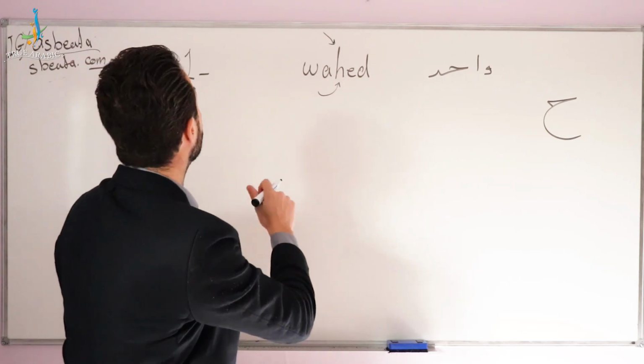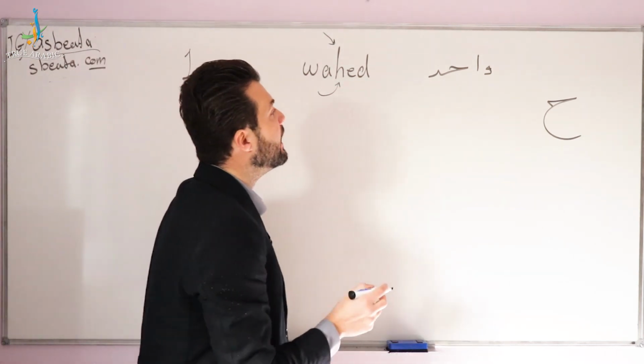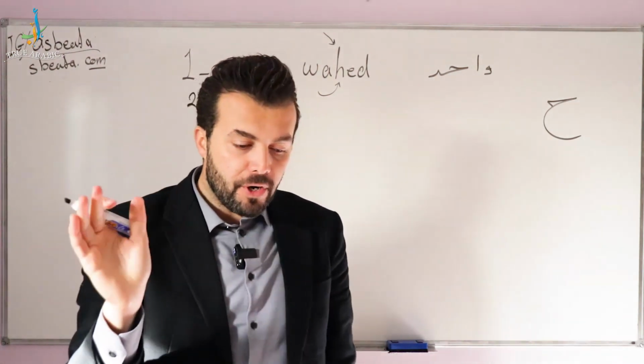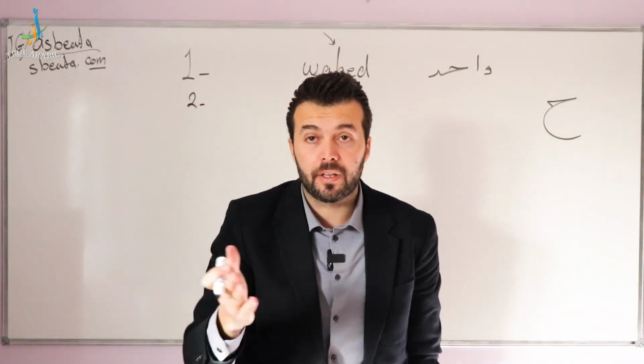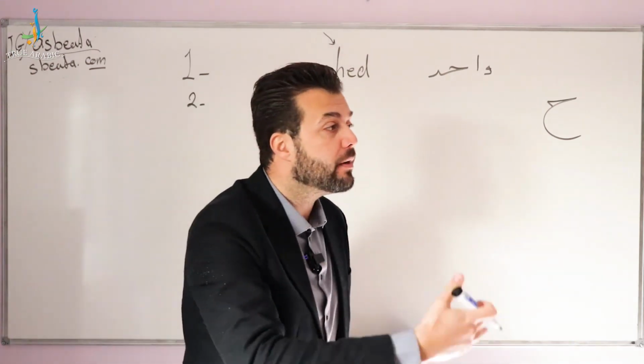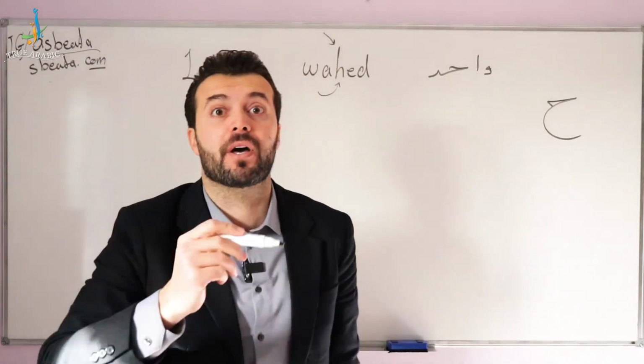This is number 1. Now let's go to number 2, which is not difficult. You have to know that in Arabic we have the street language, the most common one that we use in the street, and the written one, the literature one, the original one.